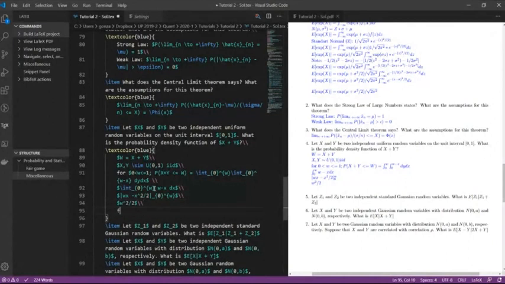Now we need the other side. So for w that we could do greater than 1. However, we know that since the maximum of each one is 1, the maximum value of the sum has to be 2.